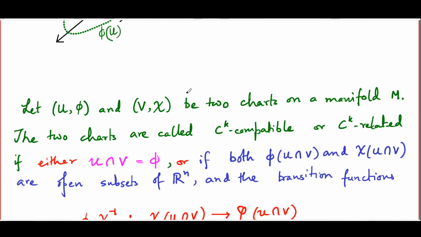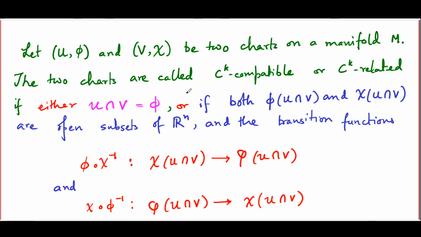So if you have two charts on the manifold M, let's call them (U, phi) and (V, chi), where U and V are the respective domains, and phi and chi are the actual maps.